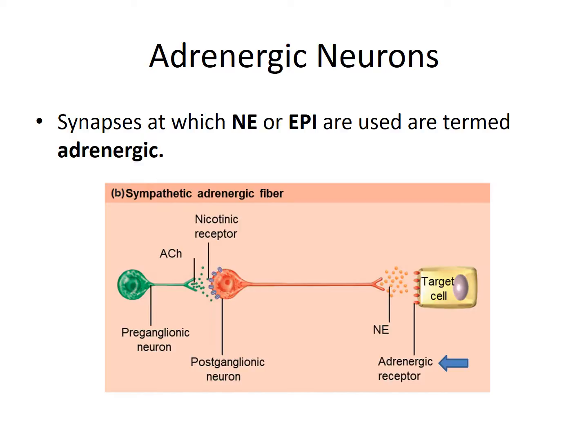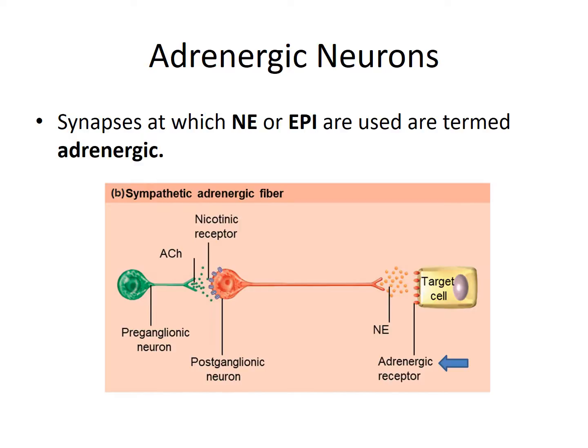Adrenergic neurons are going to form synapses where norepinephrine or epinephrine are secreted. And these synapses are called adrenergic synapses. So adrenergic receptors are going to bind norepinephrine or epinephrine.